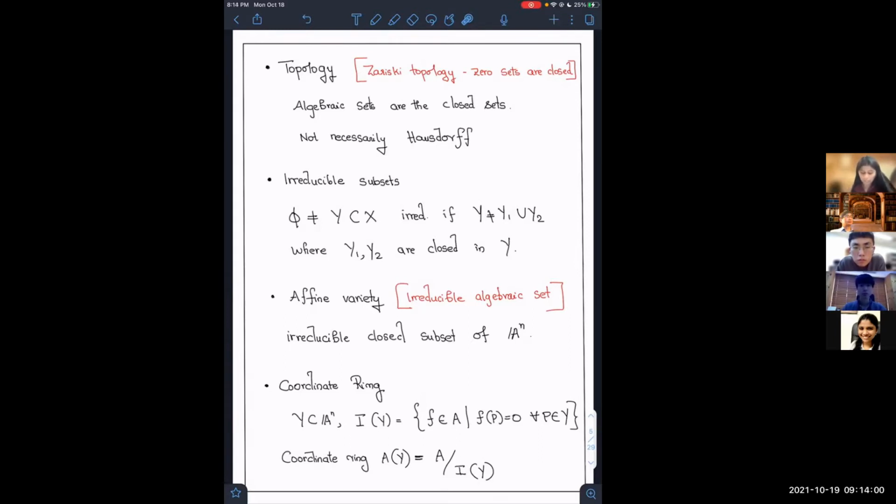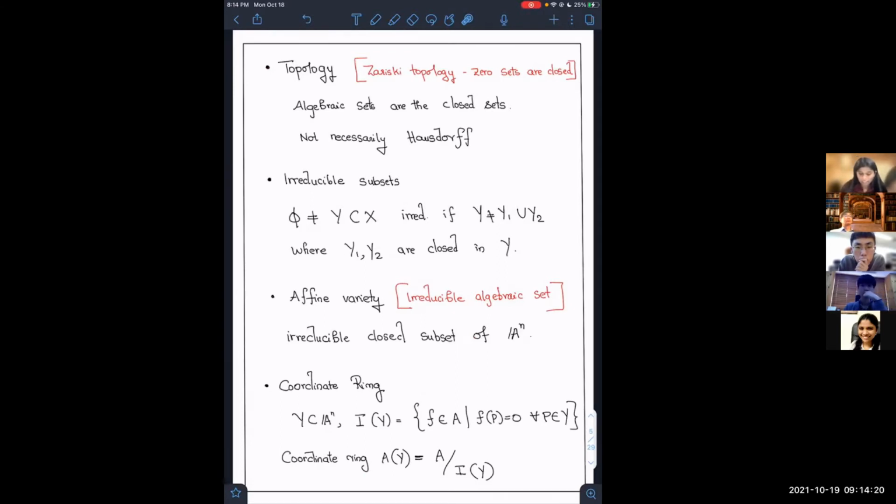The way Hartshorne defines an affine algebraic variety is basically any algebraic set that is irreducible. So it's an irreducible closed subset of A^n. Okay, so now I mentioned earlier we assign a coordinate ring to these varieties, right?